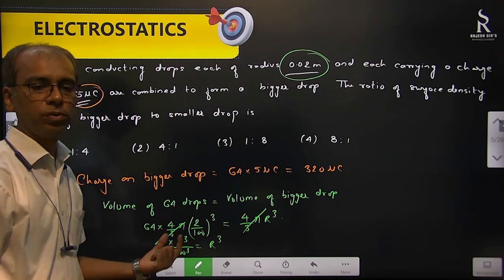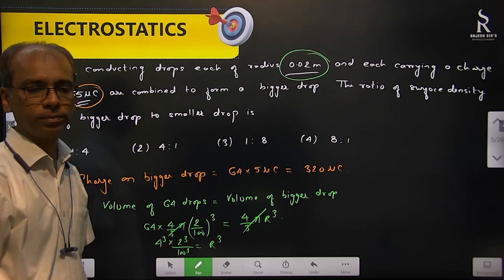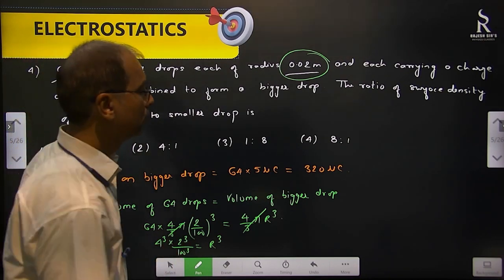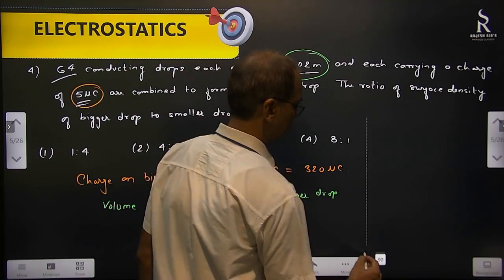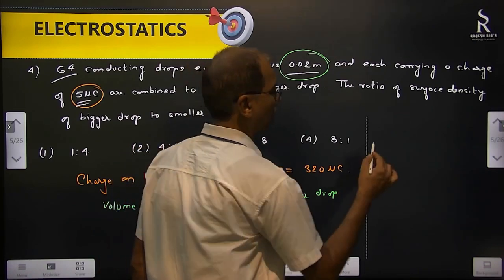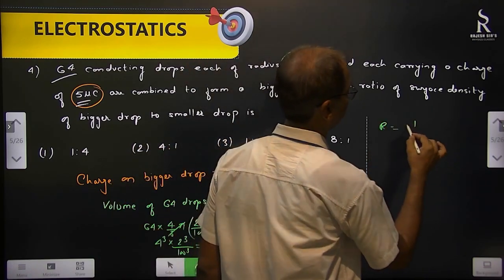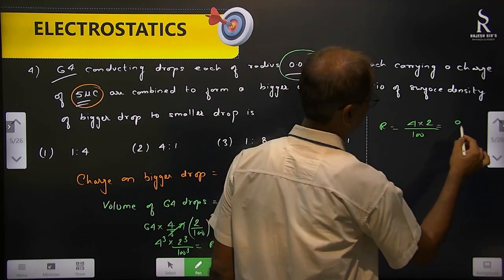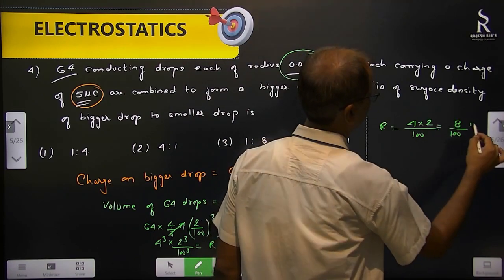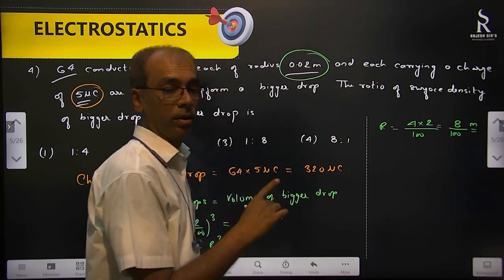So R value I am getting as 4 into 2 by 100. That is 8 by 100. That is 0.08. Okay, remember that. This is the radius of the bigger drop.